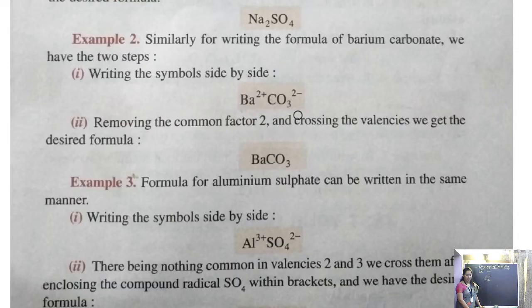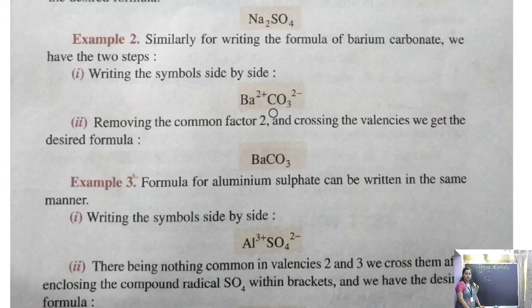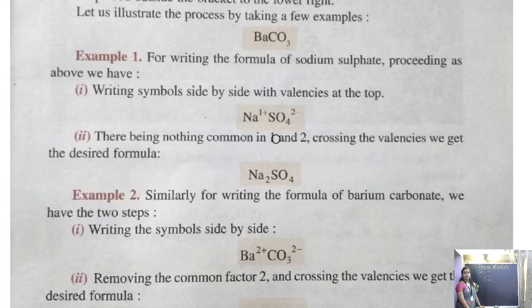Like here you can see it is written Na plus, SO4 2 minus. It is written here, isn't it? Similarly here Ba 2 plus, CO3 2 minus. So what is this 2 plus and 2 minus? This is the addition of electrons and removal of electrons.